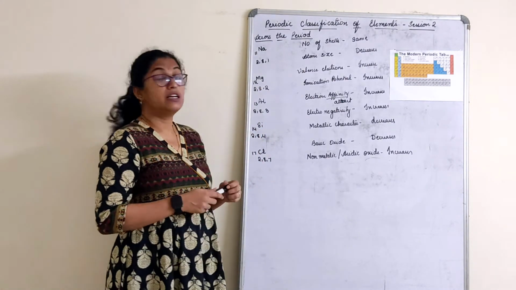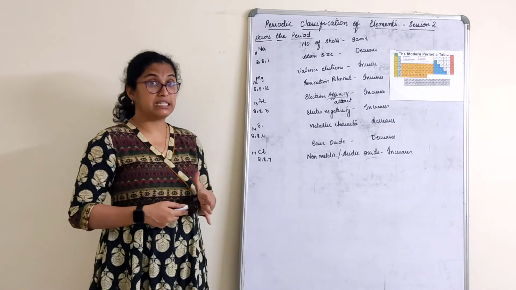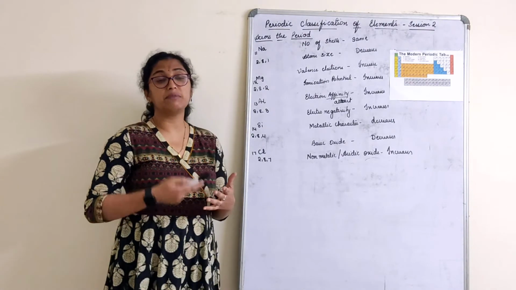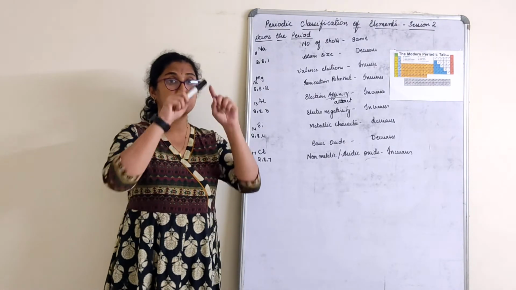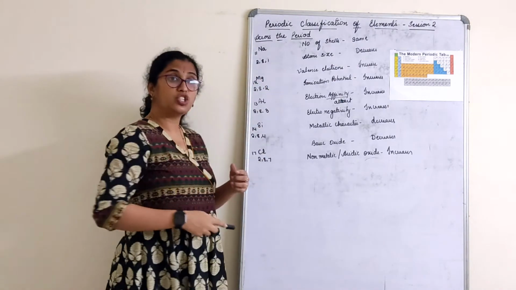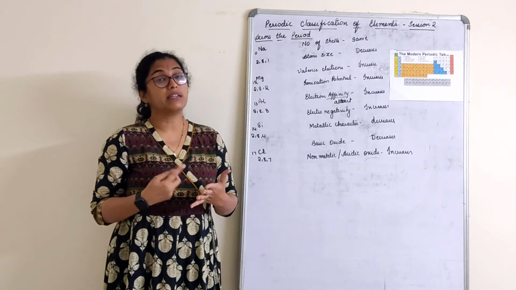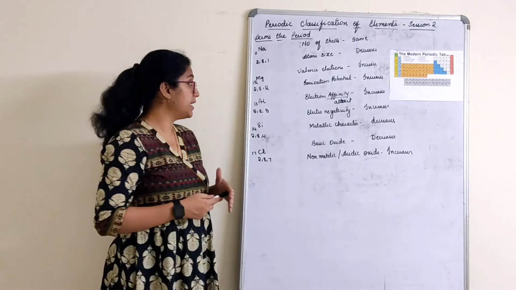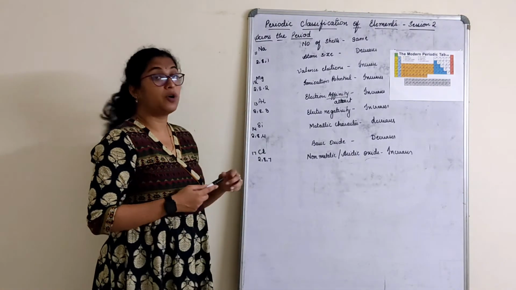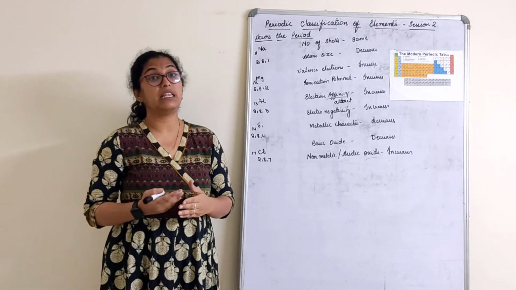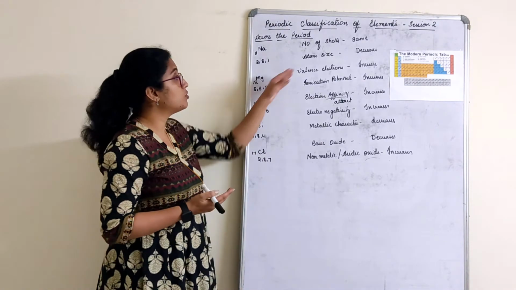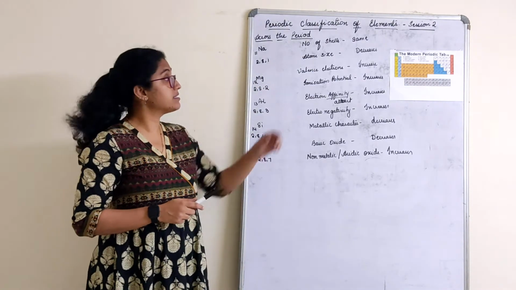Atom size. So atom size decreases here. But you might ask me why atom size decreases since it has only 3 shells throughout. Throughout it has 3 shells, yes, but it also depends upon number of electrons in the last shell, right? So atom size decreases.